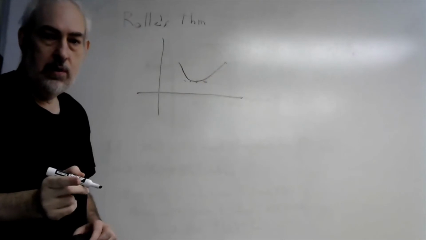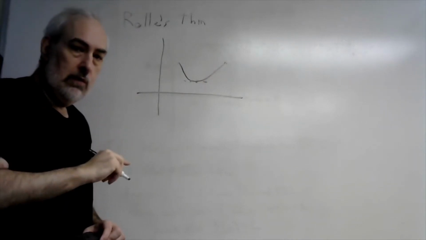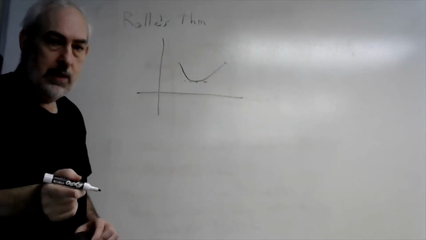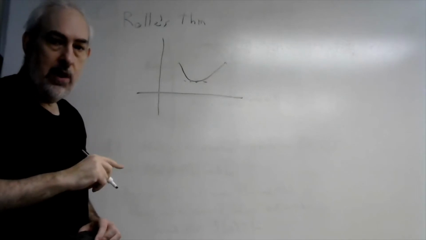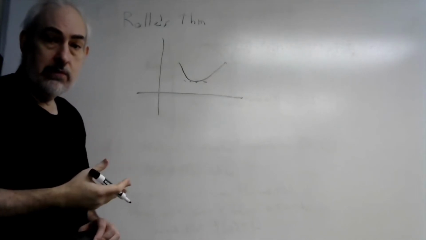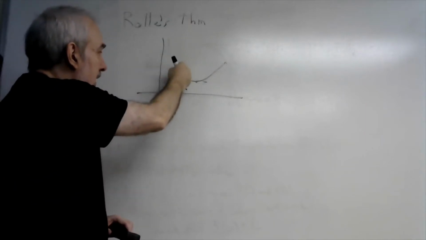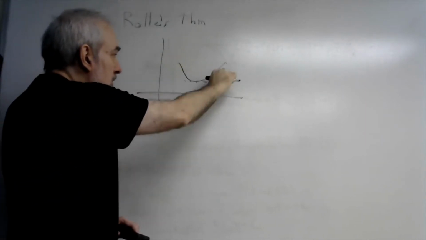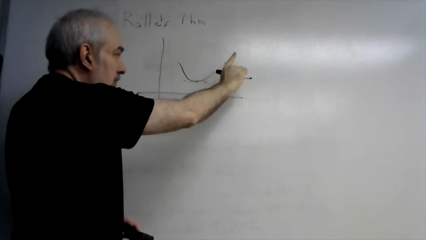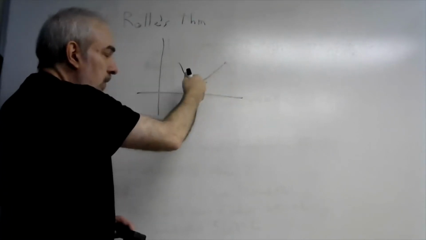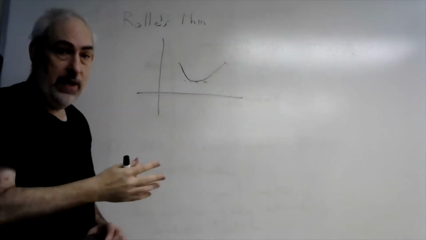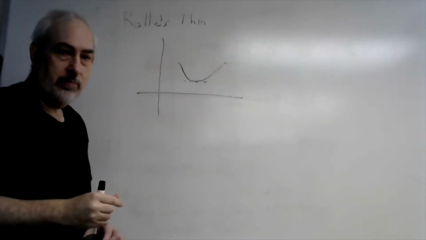I eventually have to go up, and there has to be a point where the slope is 0. See, this uses the intermediate value theorem if you were to consider the graph of the derivative of this function. You see here, the derivative starts off negative, but eventually has to become a positive slope. So somewhere in between, we have to have a slope of 0 by the intermediate value theorem.